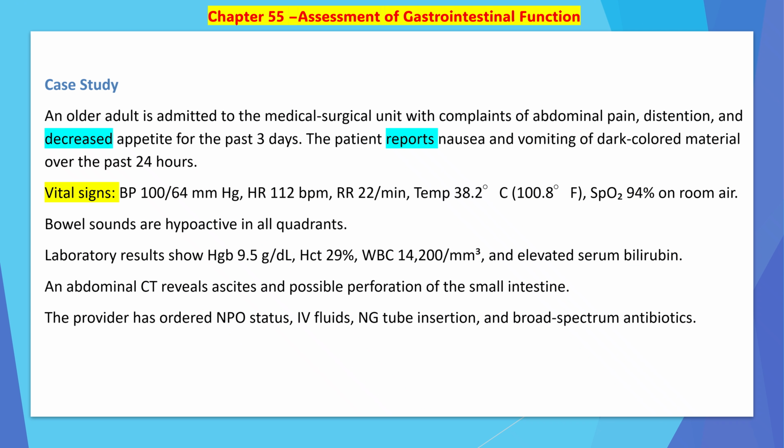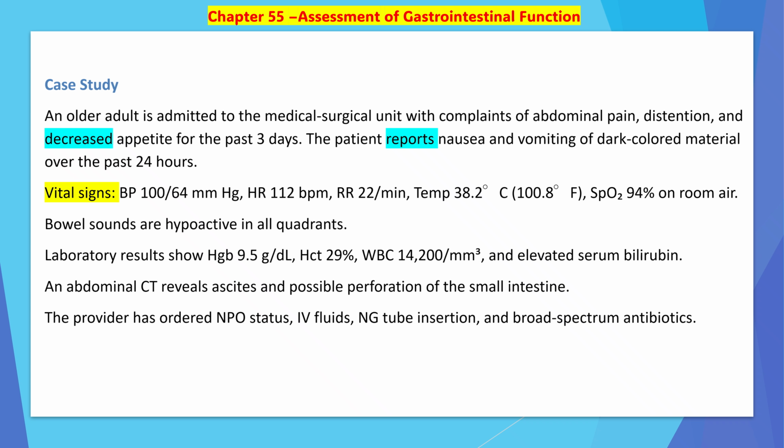An older adult is admitted to the medical surgical unit with complaints of abdominal pain, distension, and decreased appetite for the past 3 days. The patient reports nausea and vomiting of dark-colored material over the past 24 hours.